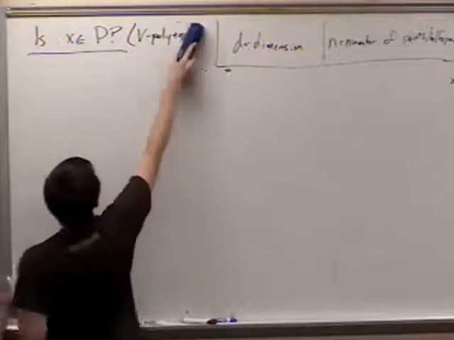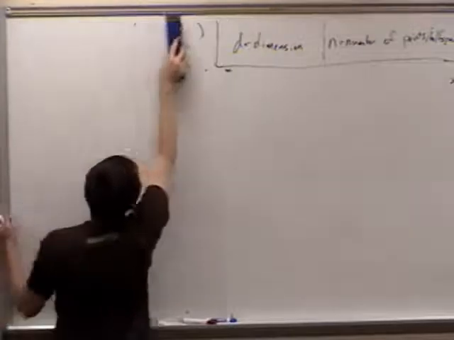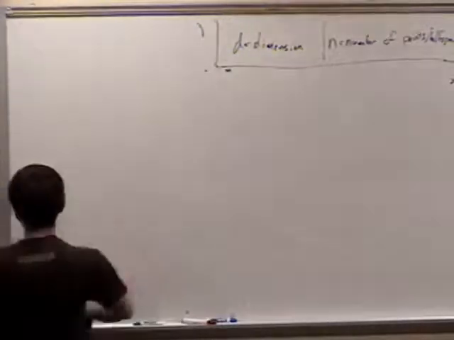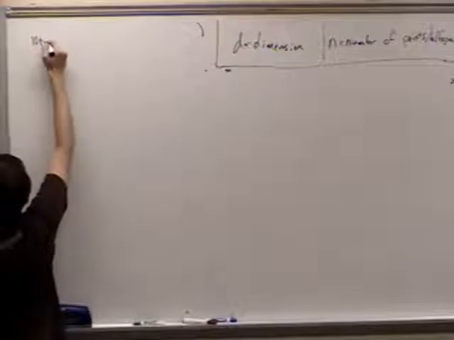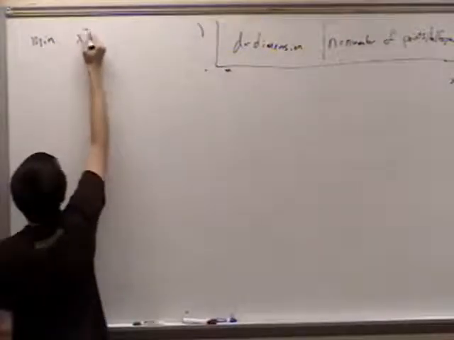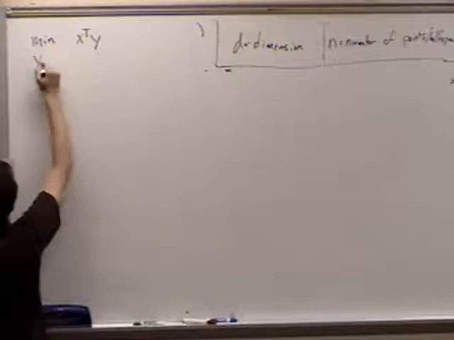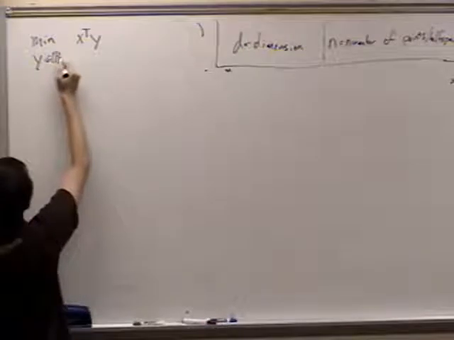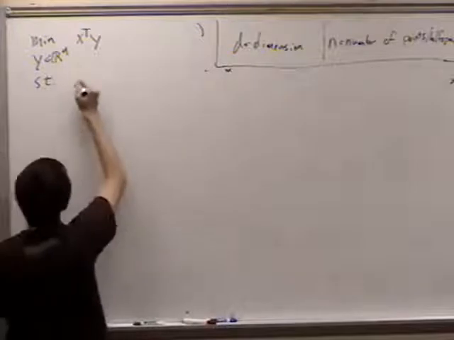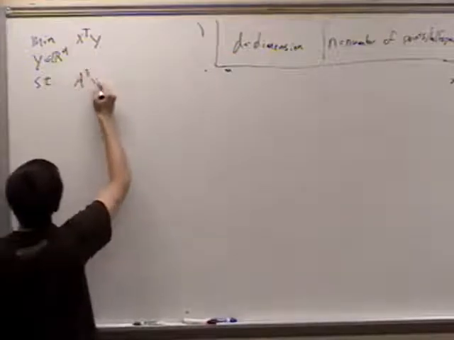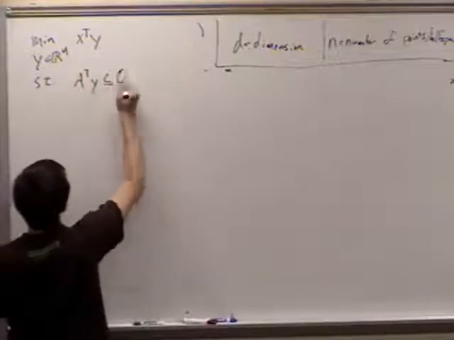So here is our new problem, which is equivalent to the problem we were trying to solve before: minimize x transpose y for y in R^d such that A transpose y is less than or equal to 0.